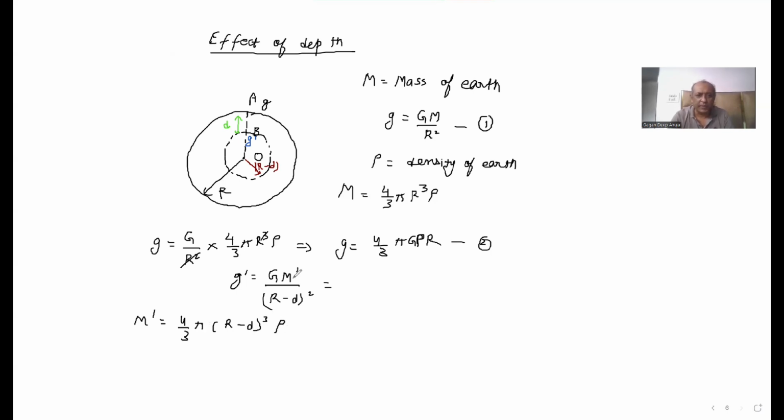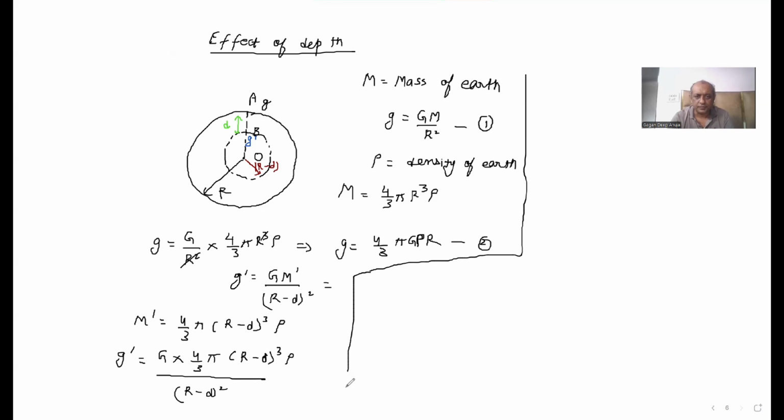So I can put the value of M dash in this equation. What I get is g dash is equal to capital G into 4 by 3 pi into (R minus d) whole cube multiplied by rho, divided by (R minus d) whole square.